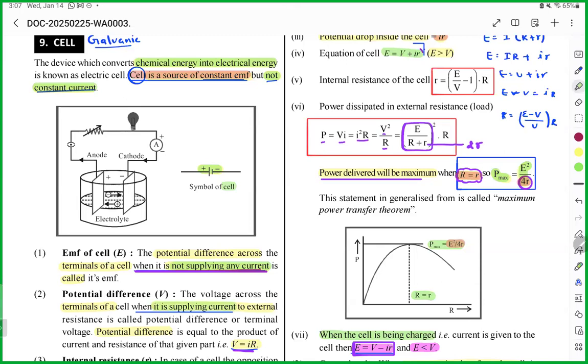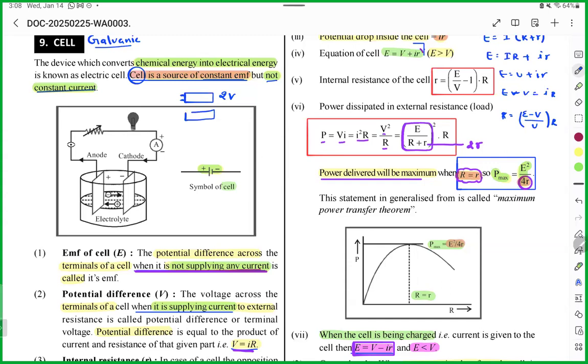So the term potential difference you use when there is current. Without current, EMF. Example, if you get a battery from the market, any battery, like this is the battery. Whatever was the maximum value of this battery, like it was 2 volt, so it was its EMF. But out of 2 volt, when you connect it with your device, the maximum current it provides is due to 1.8 volt.